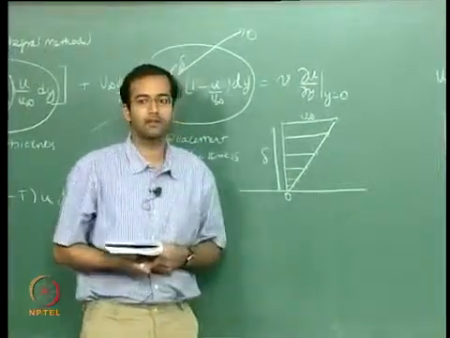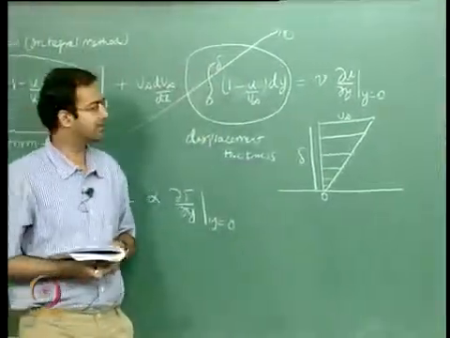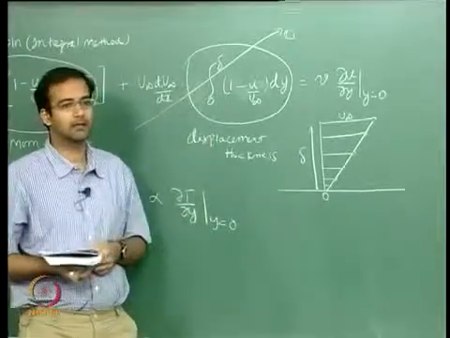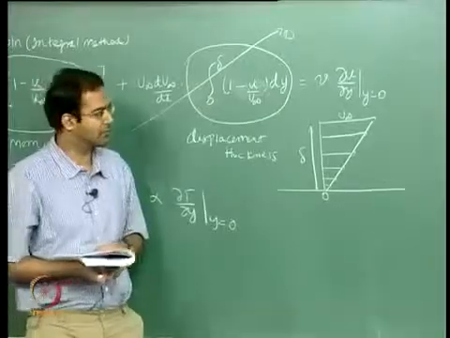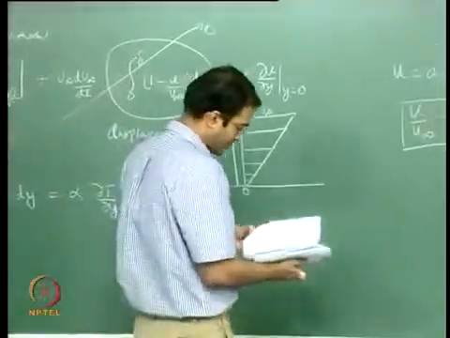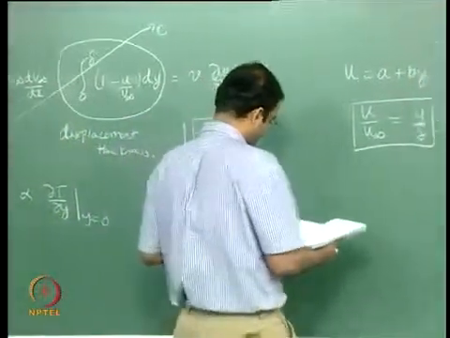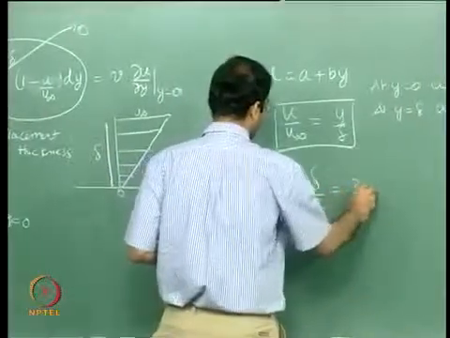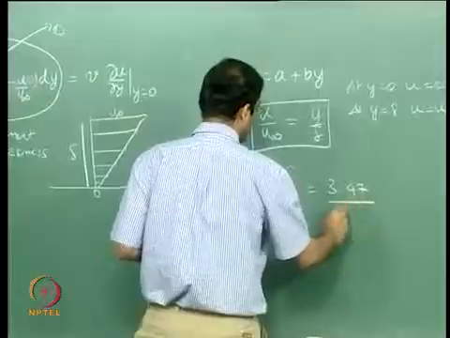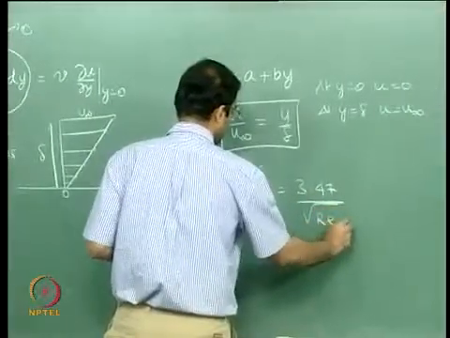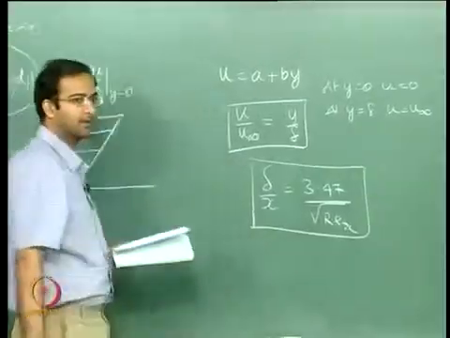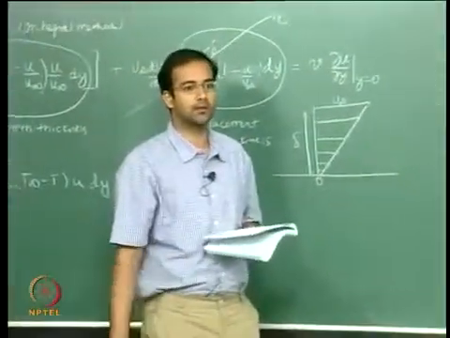But even in spite of this big assumption, when you substitute this into the momentum integral and determine an expression for delta, we got delta by x equal to 3.47 by square root of Rex. Compare this to the Blasius solution where delta by x is 5 by square root of Rex.